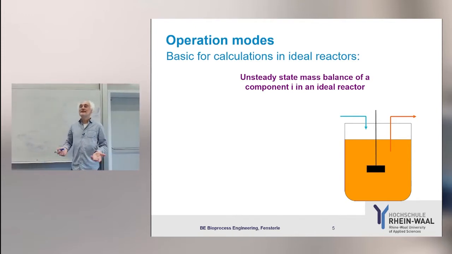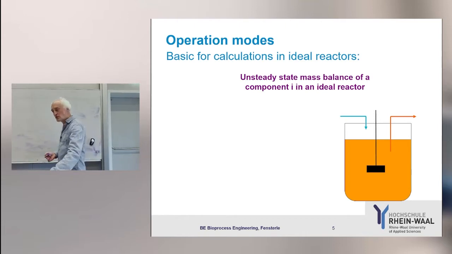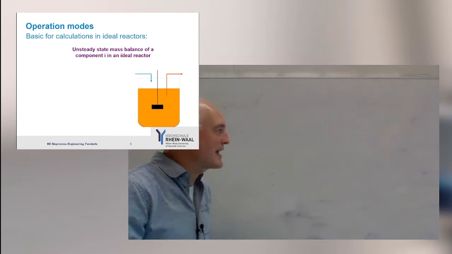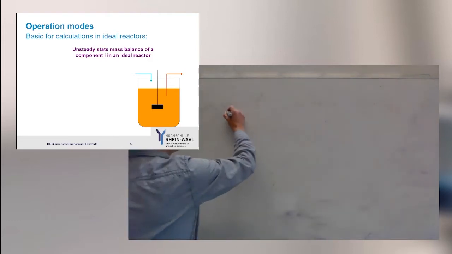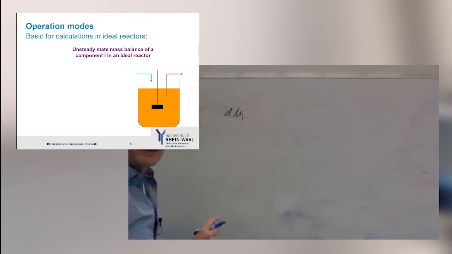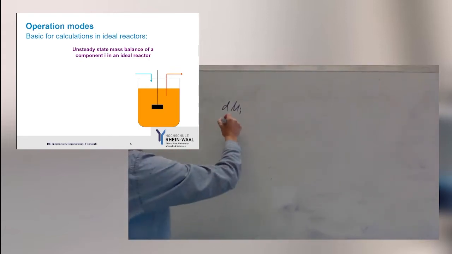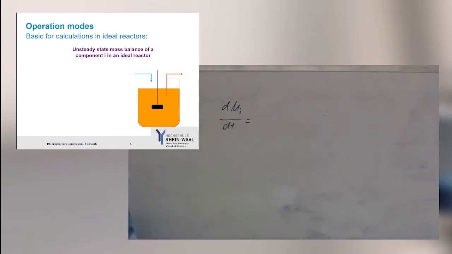So in this case, of course, it's again very simple. We use our mass balances, what we usually do. If we look at how we can set up this mass balance, the change of my mass versus time is, of course, my mass balance I always do.